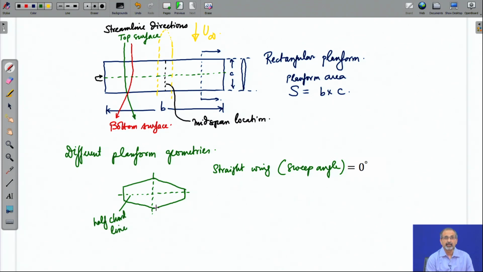This is basically the line, the locus of mid chord points along the wingspan. So, if this locus happens to be a straight line, then it is a straight wing. It is true for the rectangular wing, it is true for this. It is true for an elliptic wing as well.